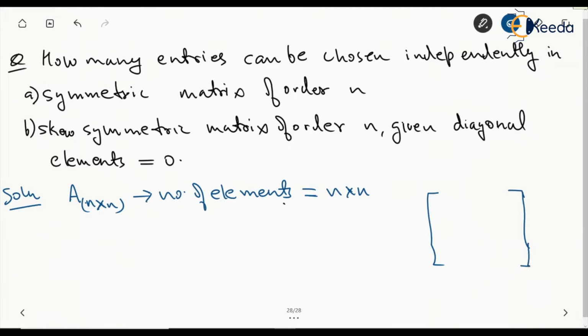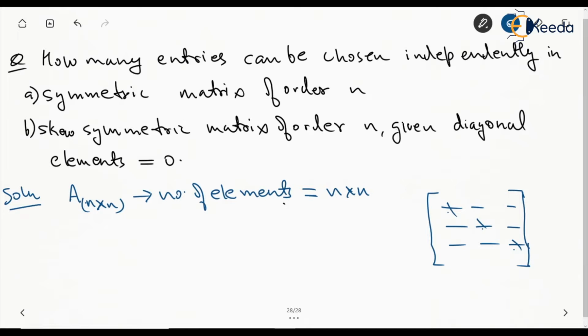Let's try to understand it for a 3 cross 3 matrix. The diagonal elements a11, a22, a33 can be any value because they are not going to be compared with any other value, so they have to be chosen independently.